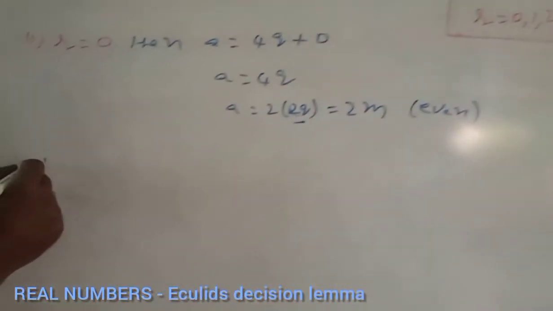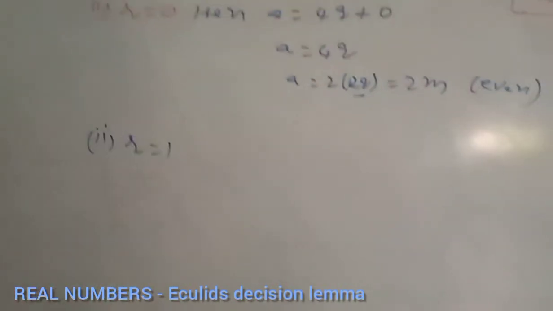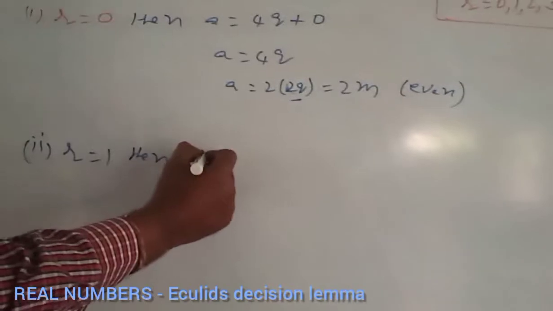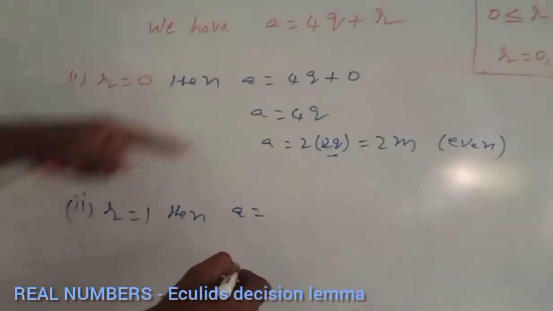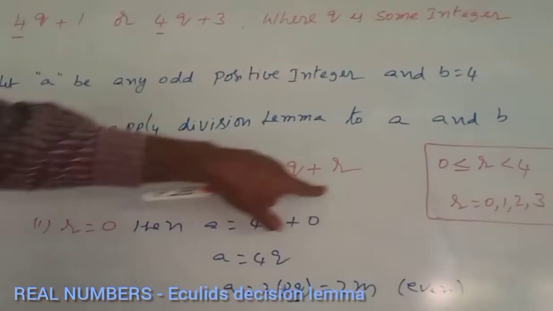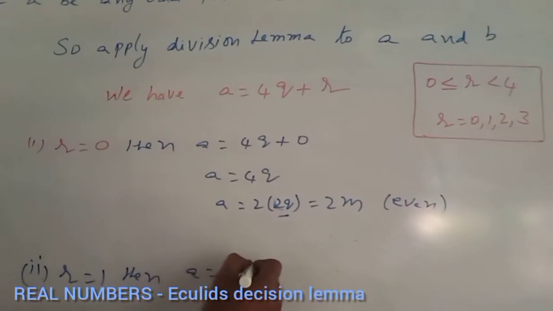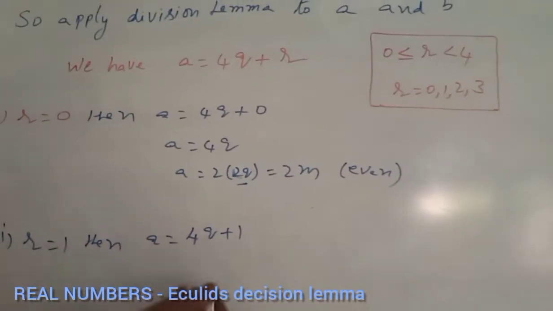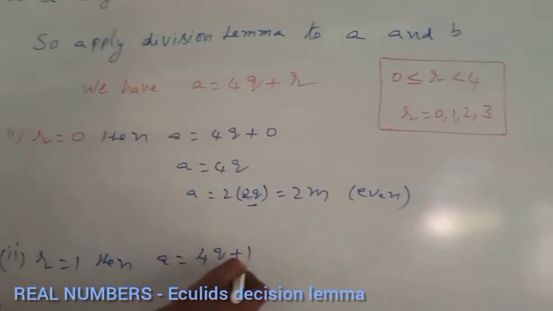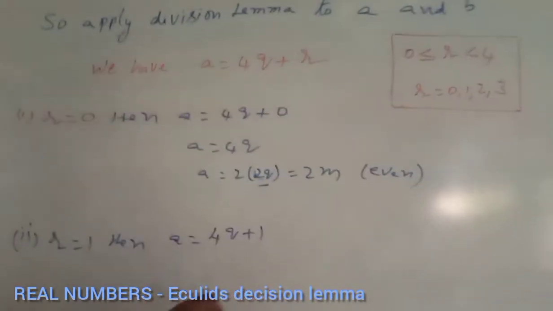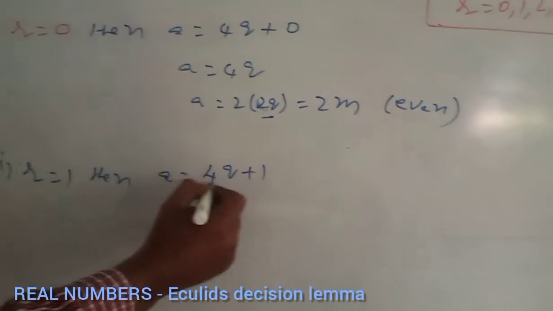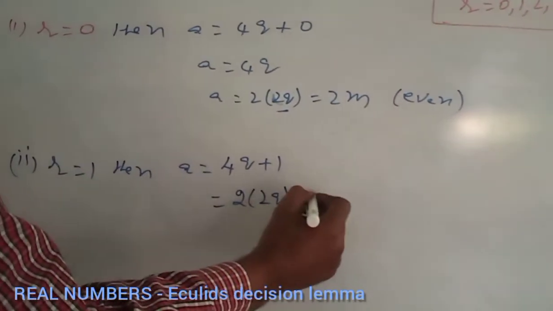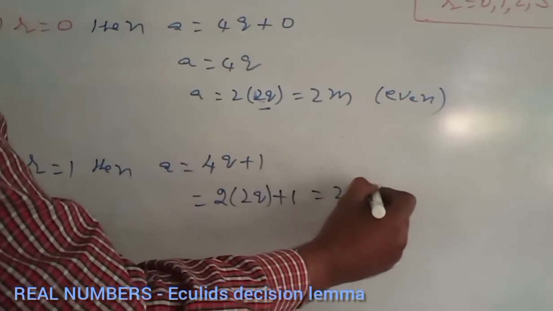Next, R is equal to 1. Then A is equal to 4Q plus R, and R is 1. So 4Q plus 1 is written as 2 into 2Q plus 1, that is equal to 2M plus 1.